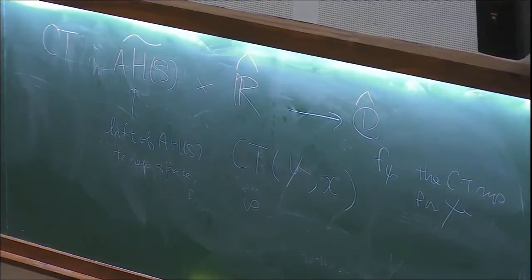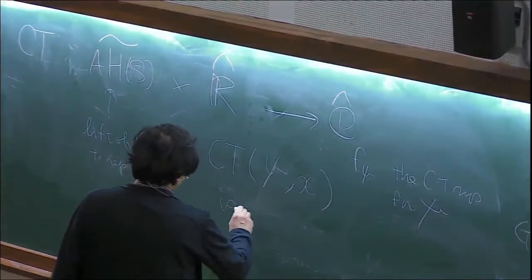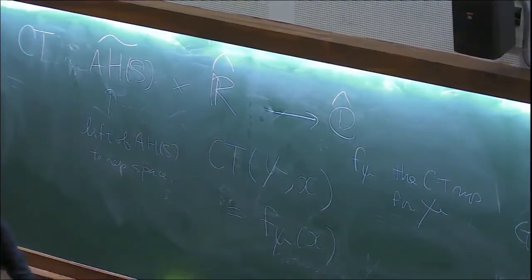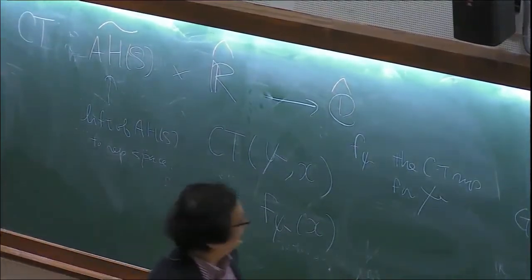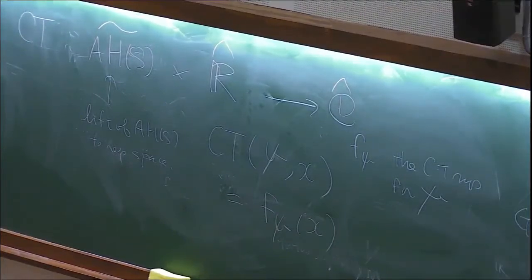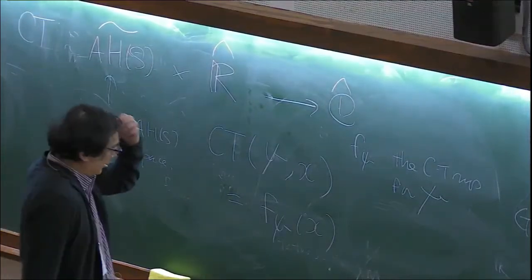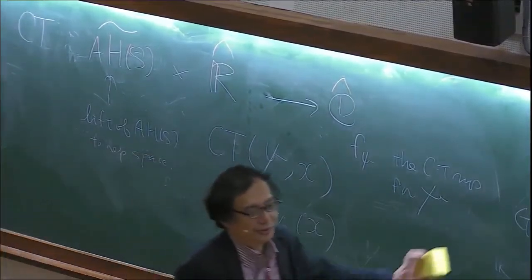Then CT(psi, x) is defined to be f_psi(x), the image of this point x by the Cannon-Thurston map for psi. Okay, so then you get a function of two variables. The natural question which arises here is whether CT is continuous or not.